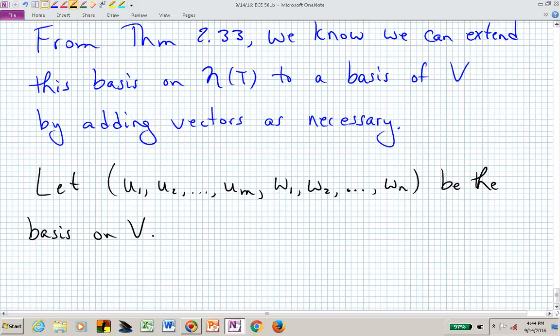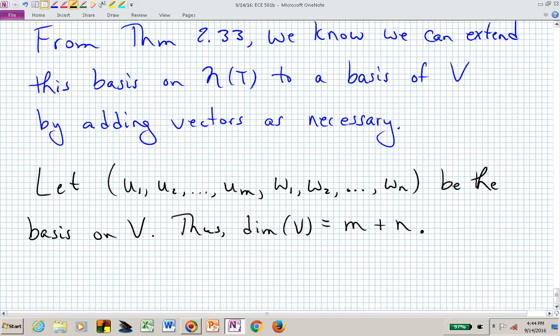If that's the basis of our input vector space, what's the dimension of our input vector space? We had m, or a part of it, coming from the null space of T, which is a subspace of V, and then we added in n, so now we have an underlying input vector space of dimension m plus n.